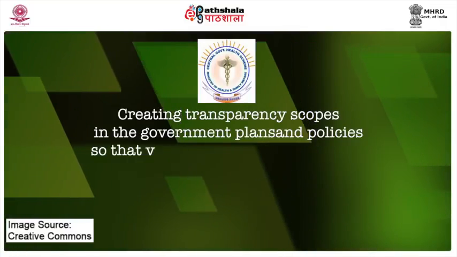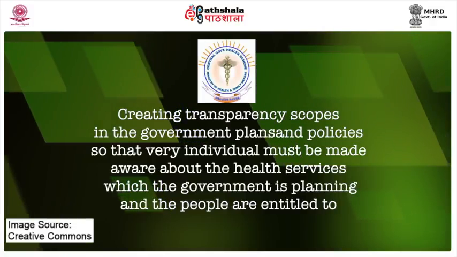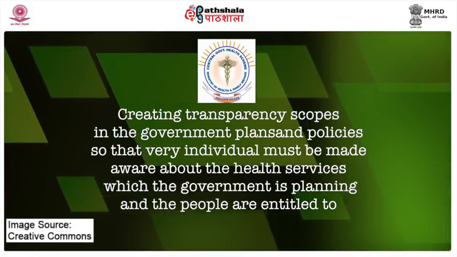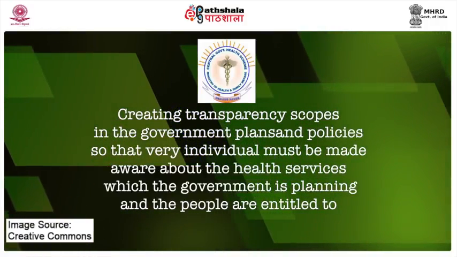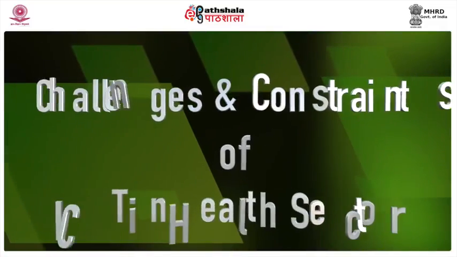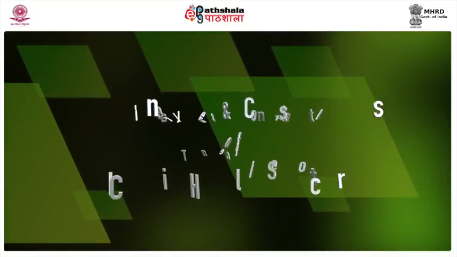The third and the last phase is the role of ICT in creating transparency scopes in government plans and policies, so that every individual must be made aware about the health services which the government is planning and the people are entitled to. Now, we come to the fourth part, which is challenges and constraints of ICT in health sector.